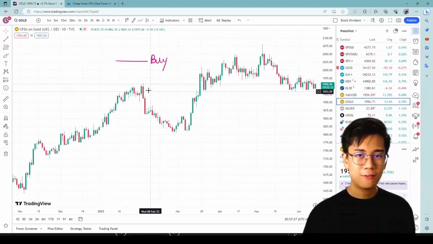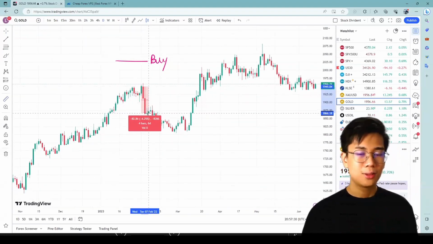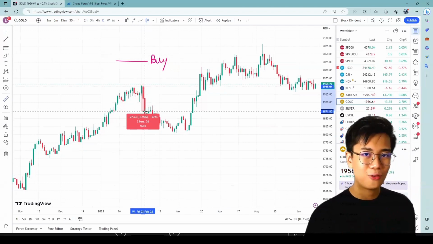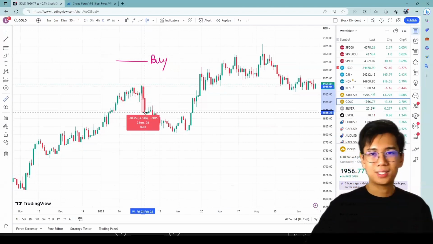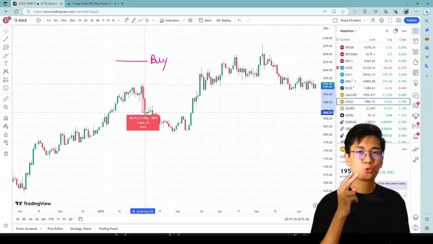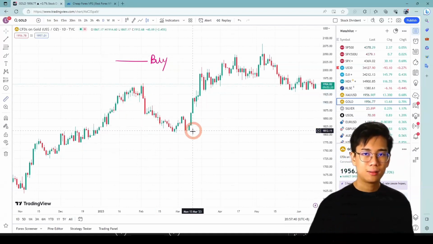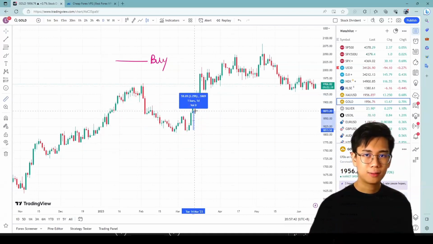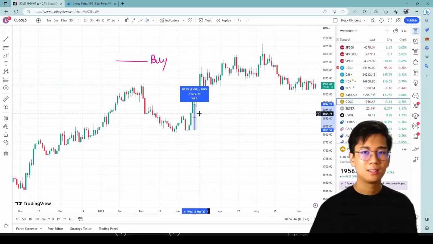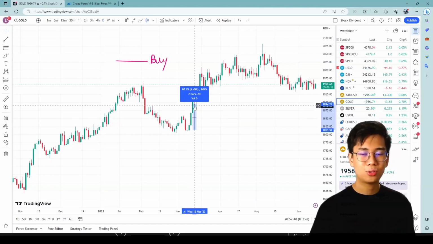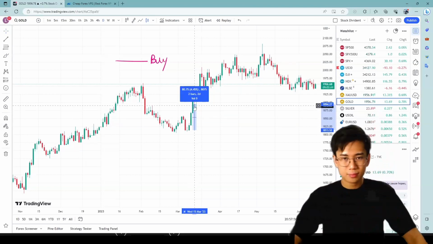If I buy here and it really comes down, not even 2 candlesticks, halfway there, you already margin call. Just 2 days, you will be margin call. Sell here, it goes up 8,000 points. 3 days, not even the third day, 1, 2, 3, margin call.